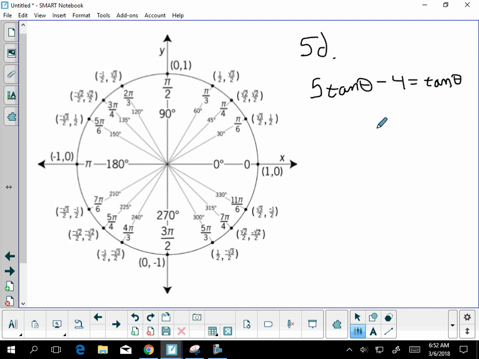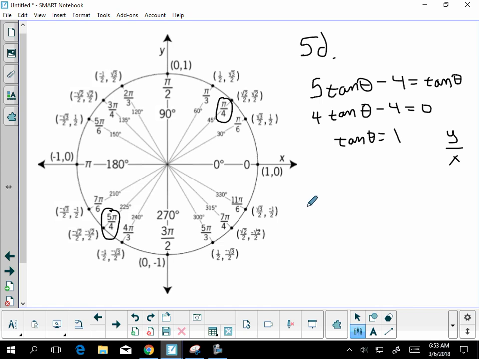I'm going to subtract tangent theta from both sides, add 4 to both sides, divide by 4. And when you do that, you get tangent theta equals 1. Well, remember, that's y over x has to equal 1. And that happens at pi over 4 and 5 pi over 4.